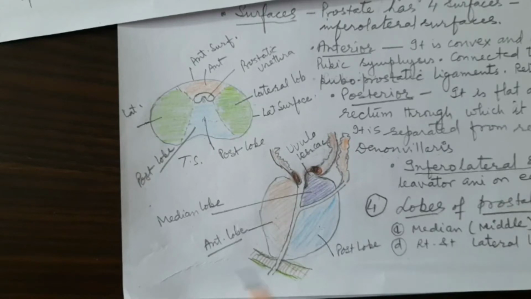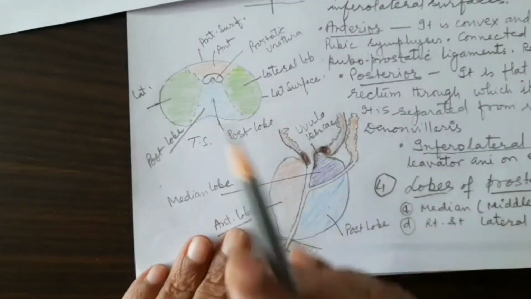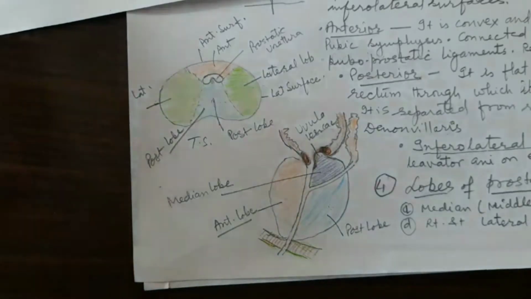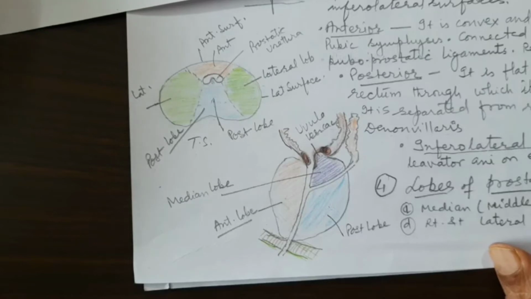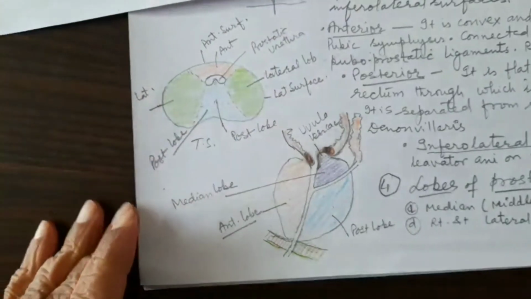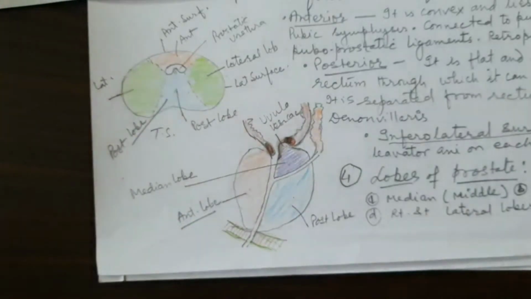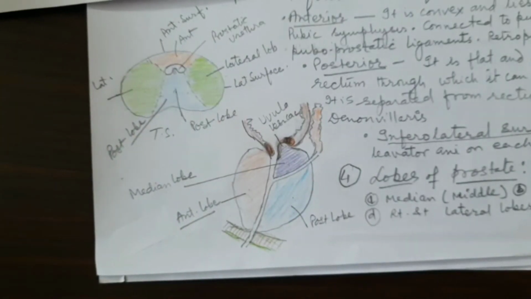While the lateral lobes, which are seen on either side of the prostatic urethra, also contain glands, and again they may be a site for adenoma or also a site for carcinoma, the cancer. So these are the various lobes and their significance.